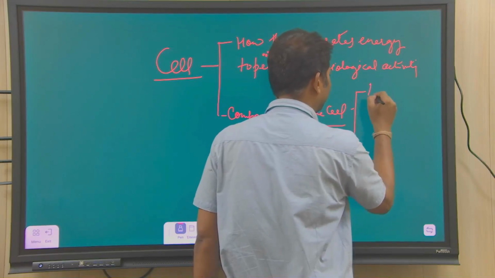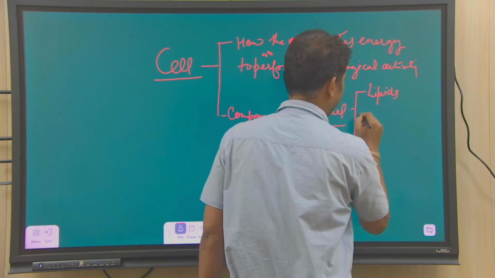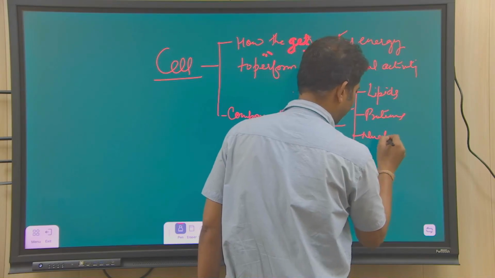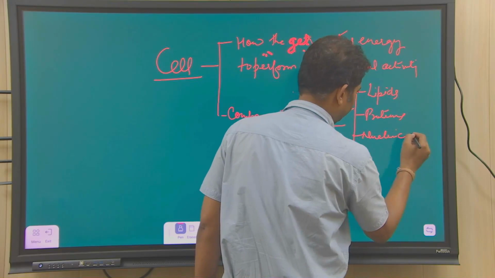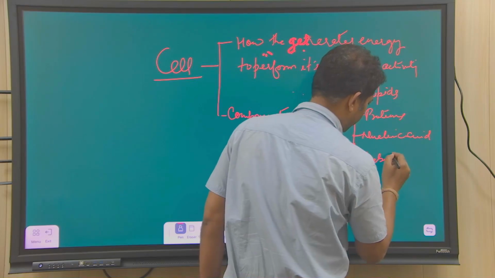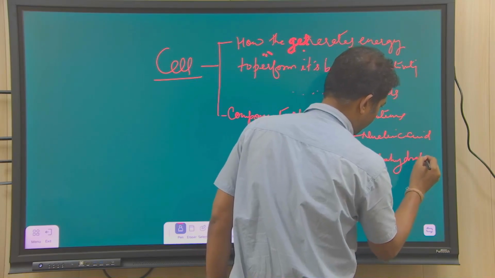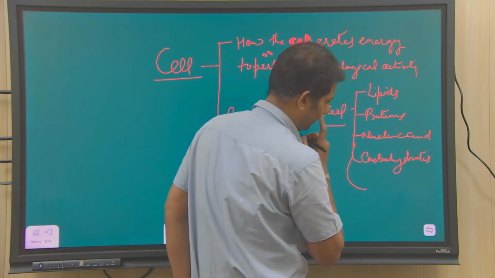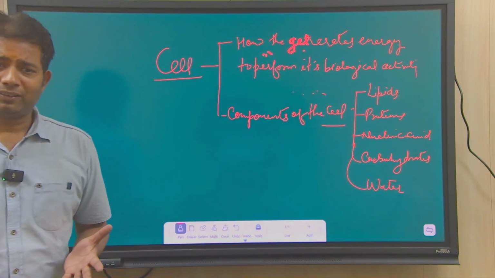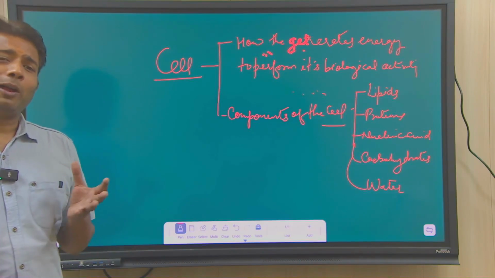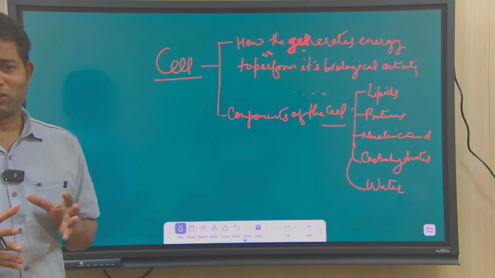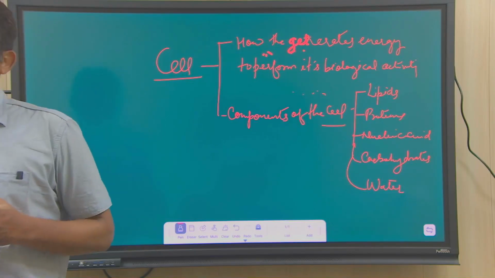These biomolecules are lipids, proteins, nucleic acid, carbohydrates, and water. But these biomolecules are non-living. But when all biomolecules combine with each other, they form cell, which can perform all the activities by its own.